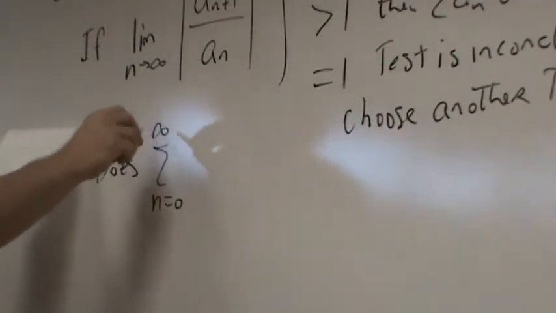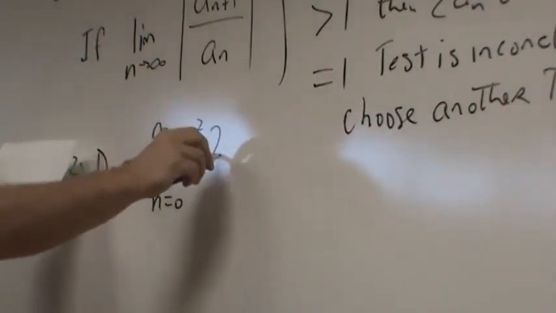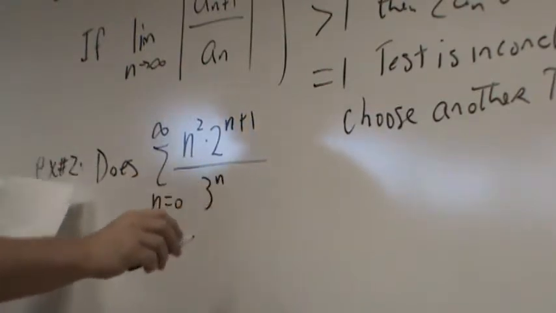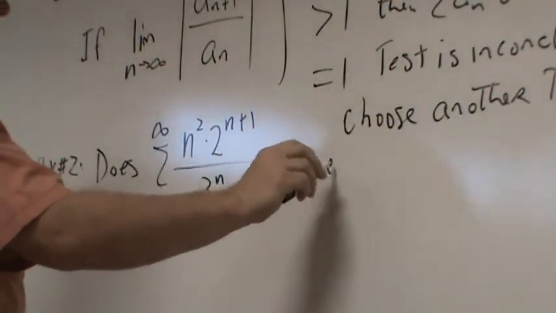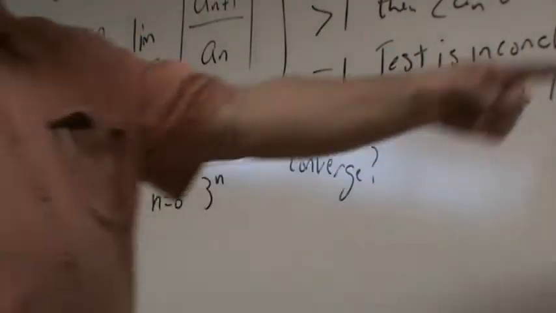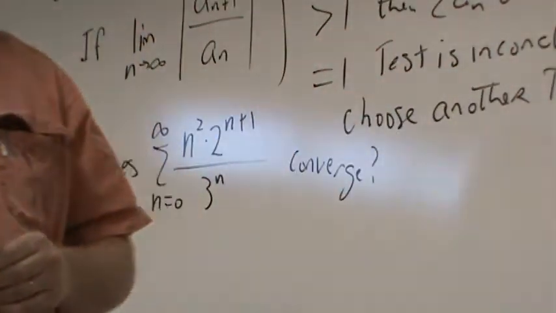N equals 0 to infinity of n squared times 2 to the n plus 1 over 3 to the n converge. Good luck. And you're going to do it precisely the way I did this. Write the nth term, the n plus 1th term, and then do this limit. And let's see how it works out for you.